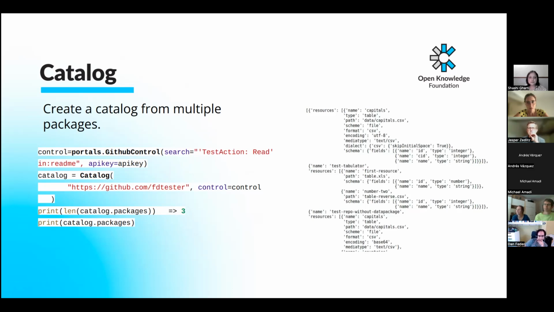That's why I'm using search here, but we don't need to use search. We can simply pass the URL and it will create the catalog for us. These controls are used to tweak the behavior of the function. And here we see when I pass this URL, it will return the result as follows. On the right side, you can see it in JSON format. There, it is written in three repositories as a package.